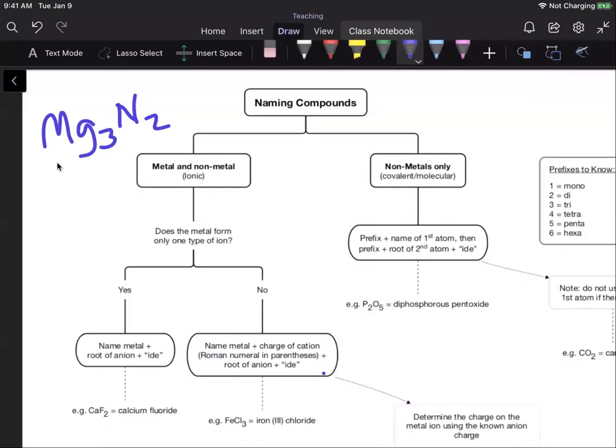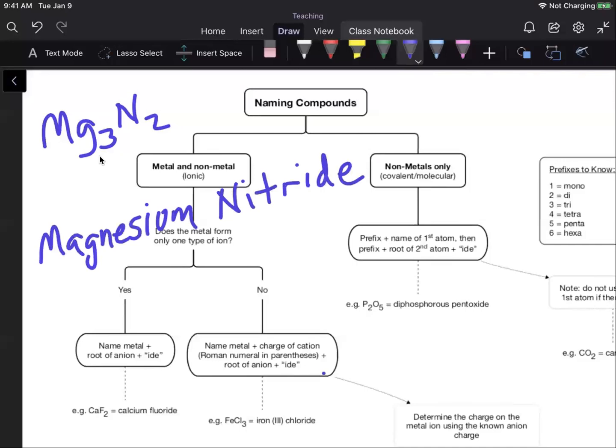For this compound, we're just giving the metal its name, magnesium, and the root of the anion, nit, and IDE. So nitride. So magnesium nitride is what this compound name is.